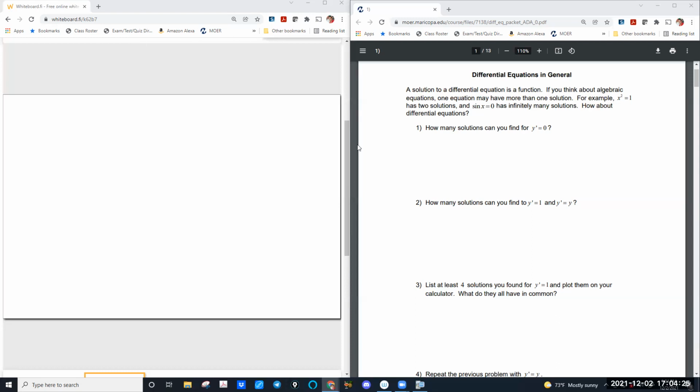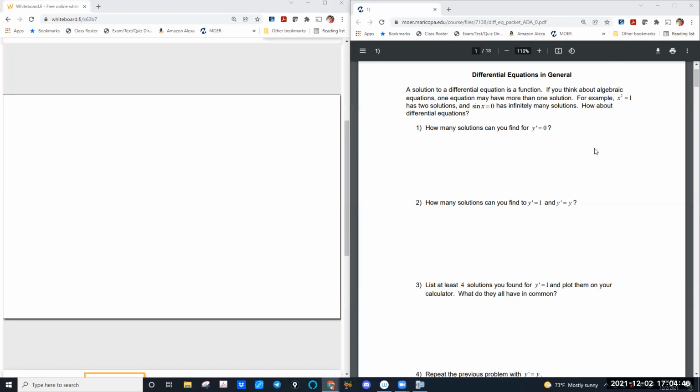All right, let's jump into differential equations. And again, if you're able to, have the worksheet. It's about 13 pages, and there's a lot of problems on here. We're not going to try to get through all of them, but what I want you to do is follow along.